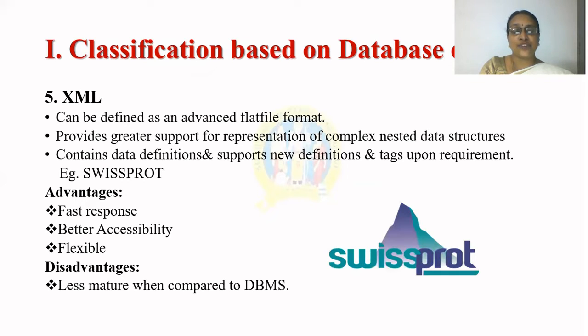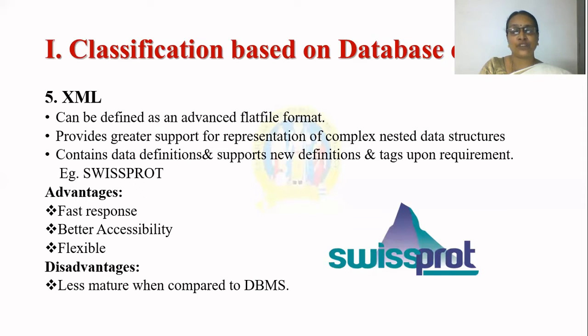The next classification based on the database design is XML. XML can be expanded as Extensible Markup Language. This can be defined as an advanced flat file format. It provides greater support for representation of complex nested data structures. It contains data definitions.